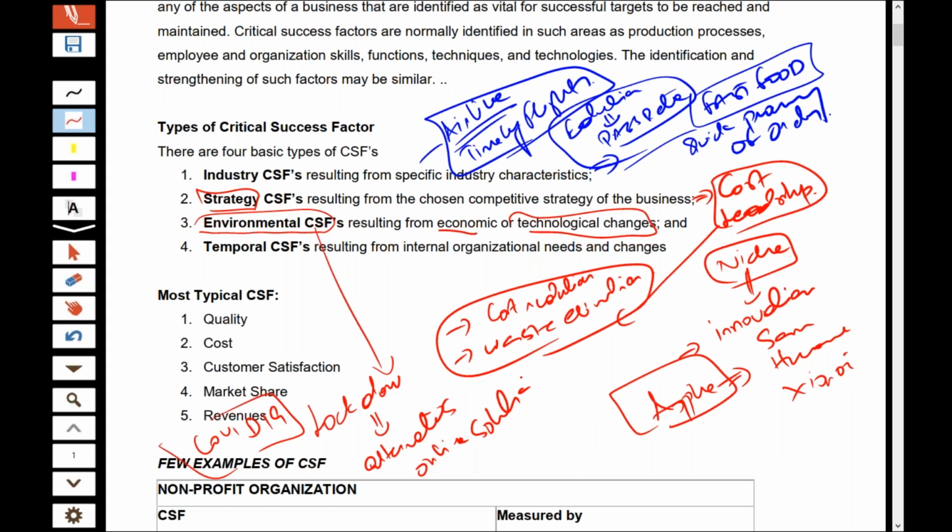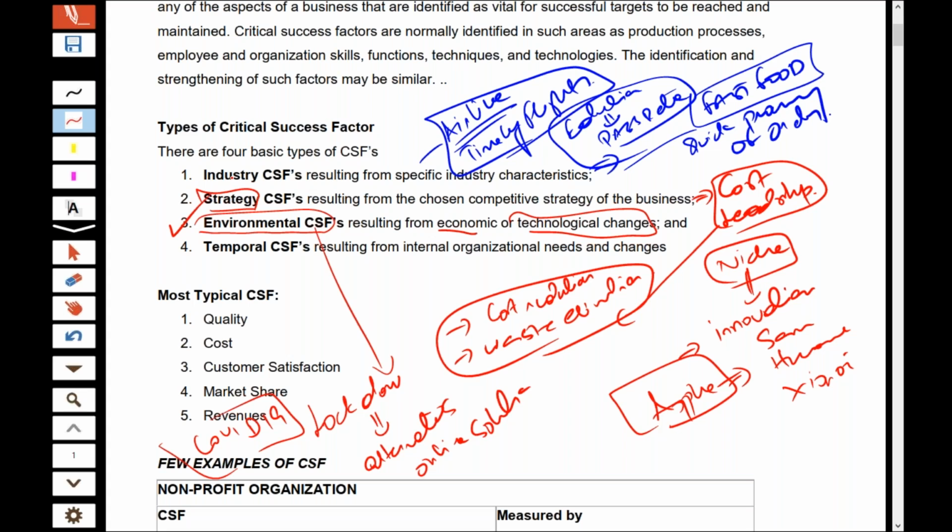Every retail outlet had to open up its online delivery. The restaurants closed down, their deliveries were open. Those restaurants who were not ready for the online had to operate online. Otherwise, the business is wound up right now. So you've got another critical success factor, which is that the environment also leads to certain critical success factors.